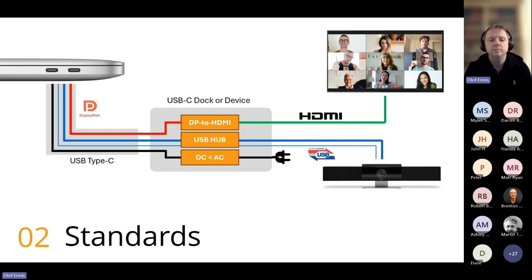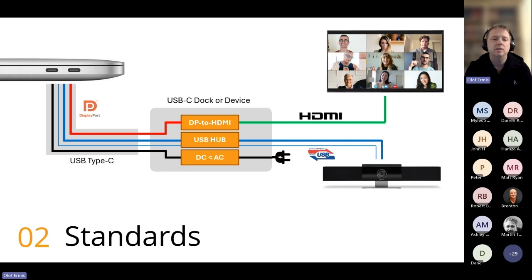which is the protocol that allows the laptop, for instance, and a USB-C dock to communicate with each other, and between them decide how to deal with all the other different functions in the cable. Because of that, you crammed a couple of different protocols together in a single cable, plus added charging.